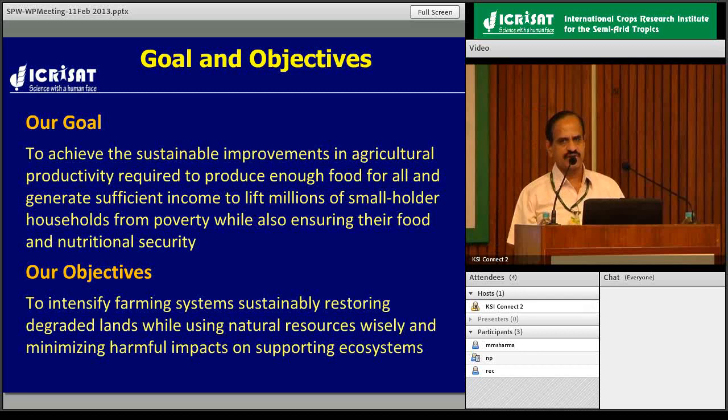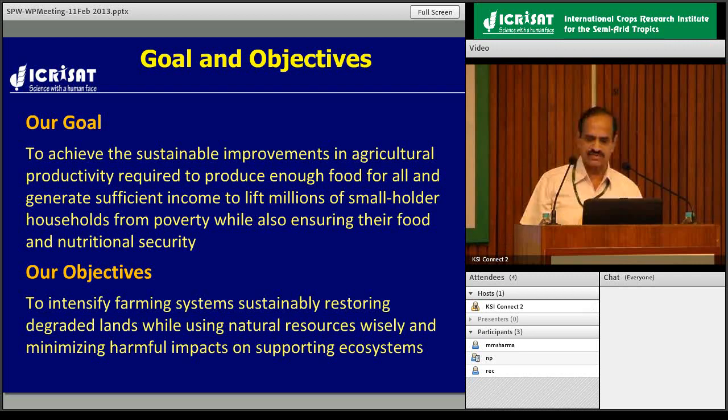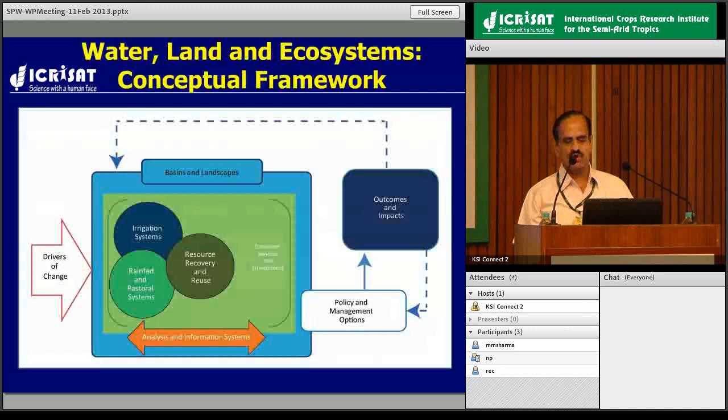It is the farming systems, and it is not basically what we are very much accustomed to, the crop focus as such. That is not the purpose here. It is basically the farming systems, sustainably restoring the degraded lands while using the natural resources wisely and minimizing the harmful impacts on the supporting ecosystems.